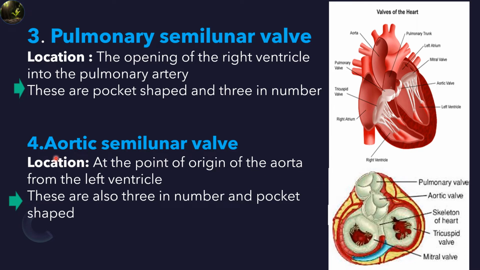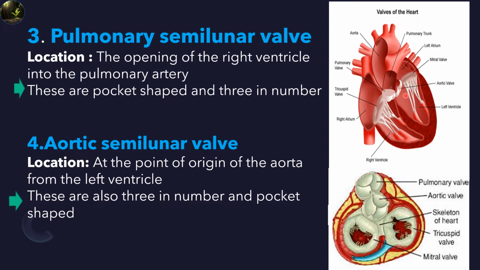Then what about the aortic semilunar valve? That is another type of valve. Where is the location? It is located at the point of origin of the aorta from the left ventricle. Here you can see, this is the aorta, and this is the left ventricle.